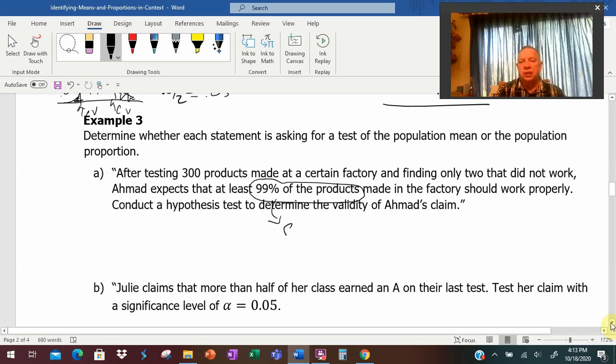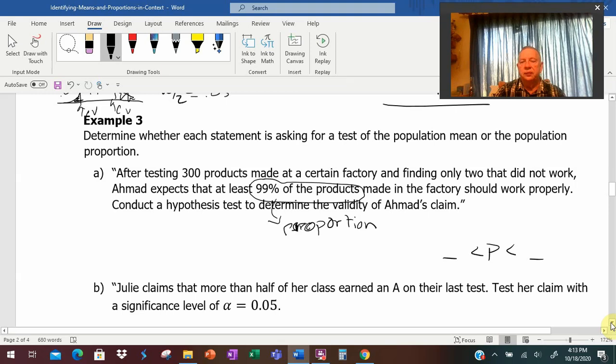Percentage, proportion. And I'm going to have something like P between 2 values once I work this out.